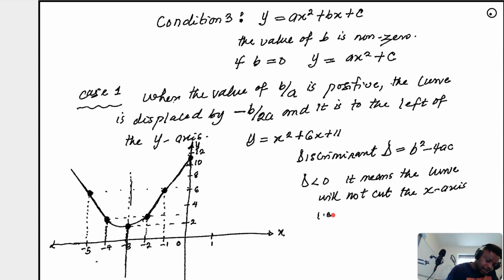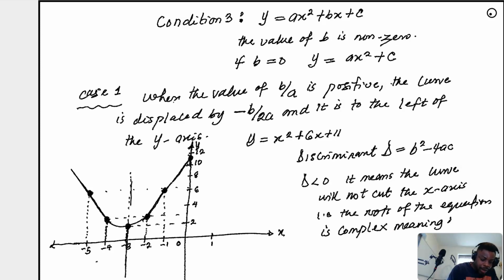That is, the root of the equation is complex, meaning not a real root.